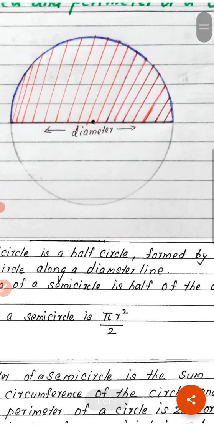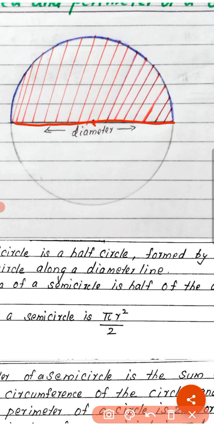Children, in this circle, this is the center of the circle, and this line is the diameter. Diameter is a line segment which joins any two points on a circle and which passes through the center of a circle.